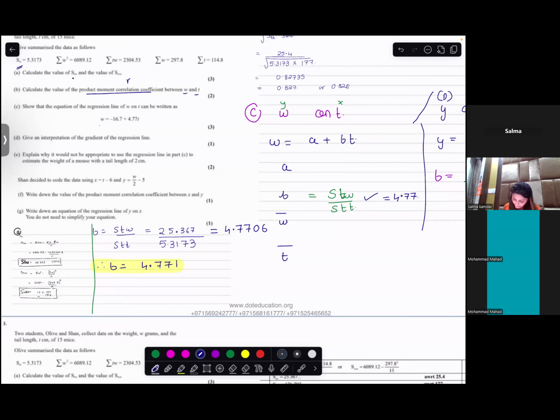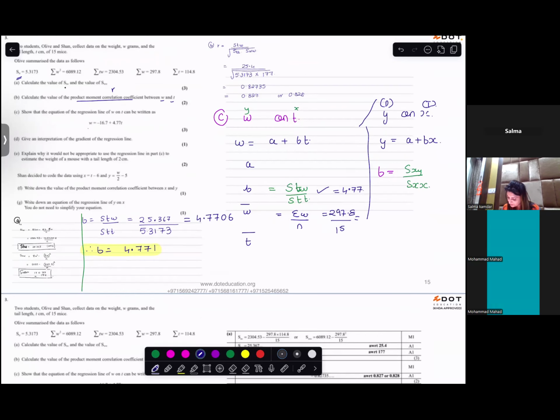Sigma W divided by N, which is 297.8 divided by 15, which is going to make it what?